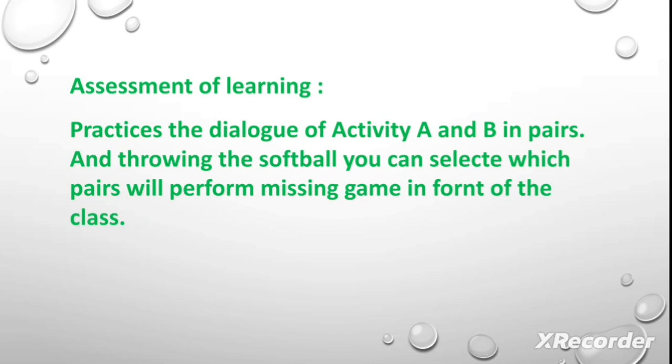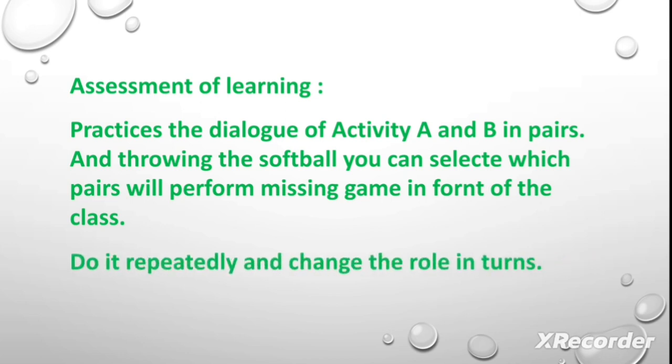You can select which pair will perform the missing word game in front of the whole class. We can randomly choose, or throw the snowball to choose the pairs. Do it repeatedly and swap roles in turns. I hope you will be able to do it quite nicely with the help of your teacher.